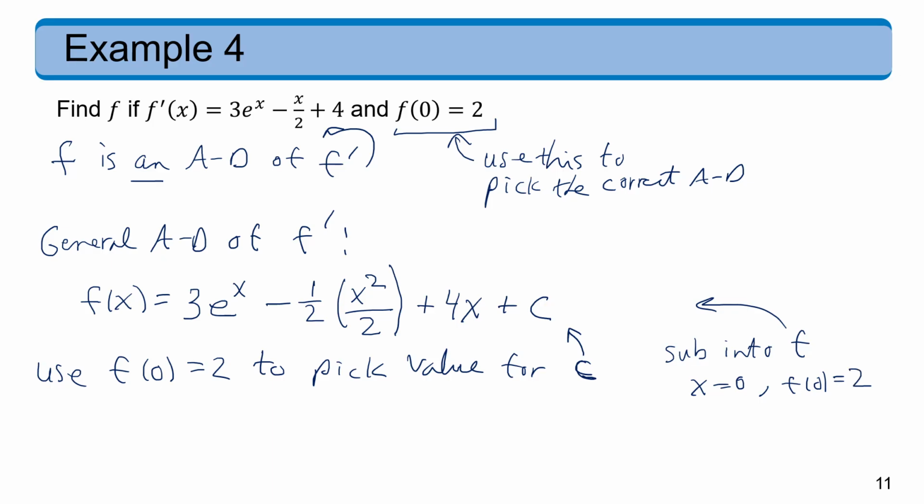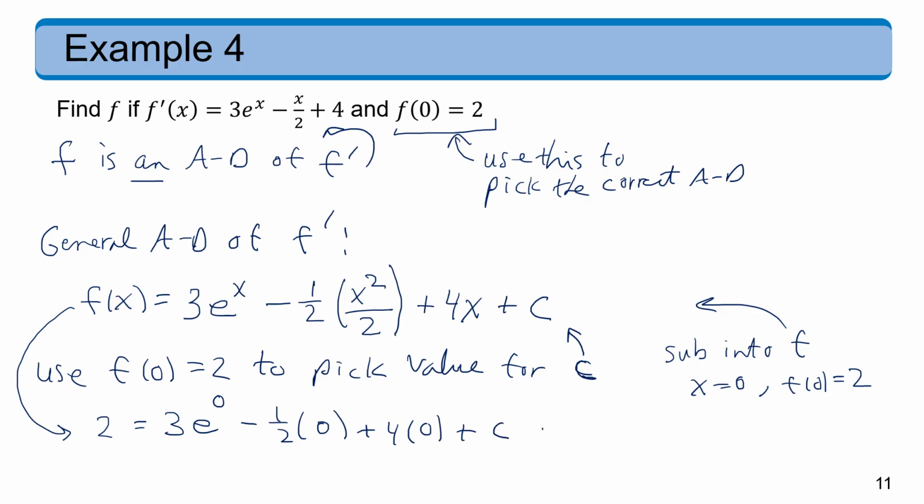Okay, so let's do that now. On the left, when we plug in 0 for x, this will be f of 0, but f of 0 gets replaced with 2. So the left side is 2. On the right, we have 3 times e to the 0 minus 1/2 times 0 plus 4 times 0 plus c.